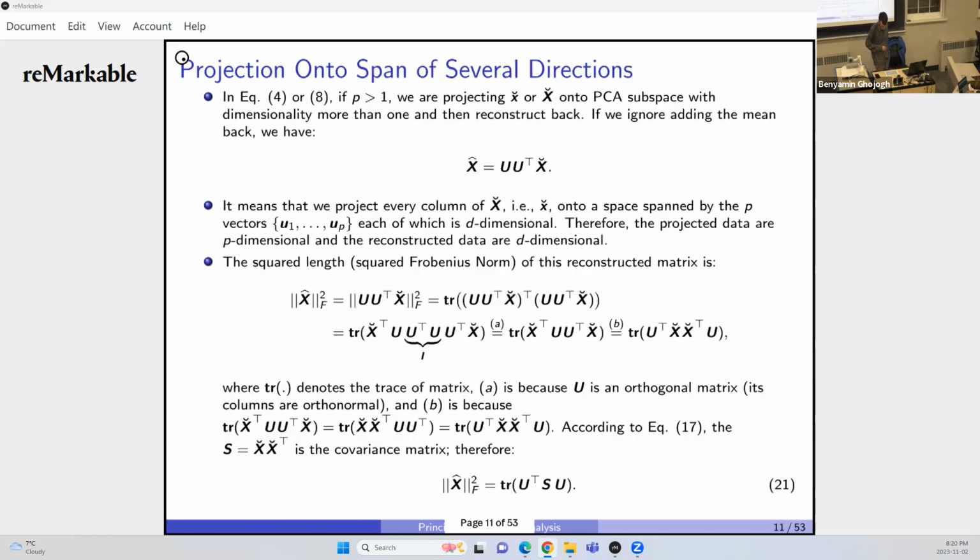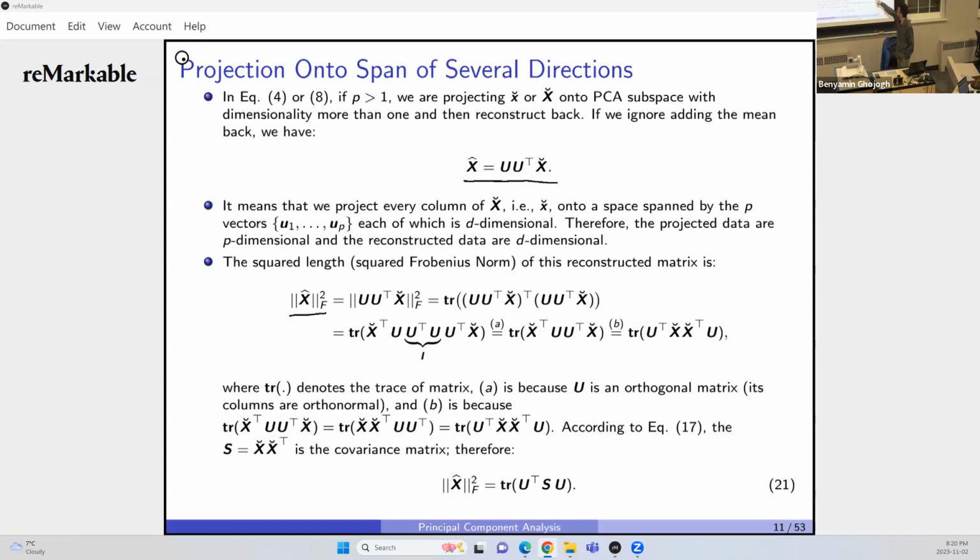Now assume I have multiple directions. So my PCA subspace is multidimensional, p-dimensional. P is not necessarily one. Then it becomes U transpose X breve again. Do you remember we had a squared L2 norm of X hat? Here we will have a squared Frobenius norm of X hat. Recall preliminaries for the Frobenius norm.